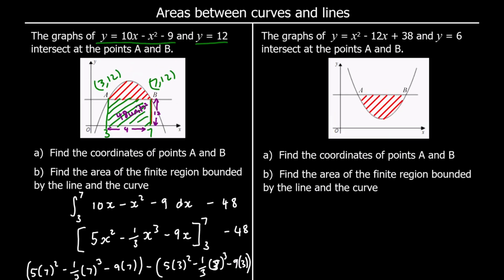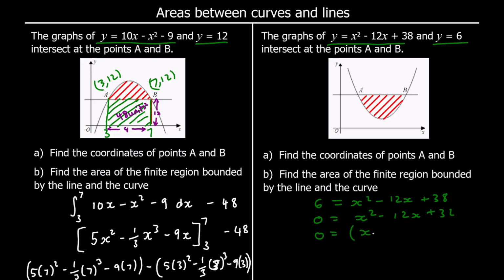A question for you to try, pause the video and give it a go. So again, we need to know where the line intersects the curve. So we'll solve the simultaneous equations. So we have 6 equals x squared minus 12x plus 38. Make it equal to 0 and factorize.